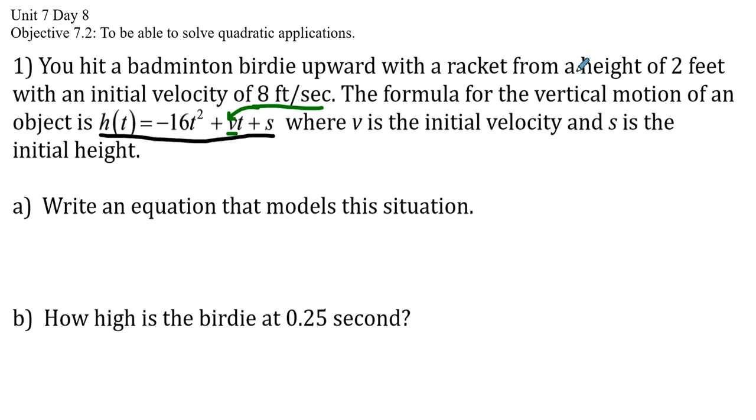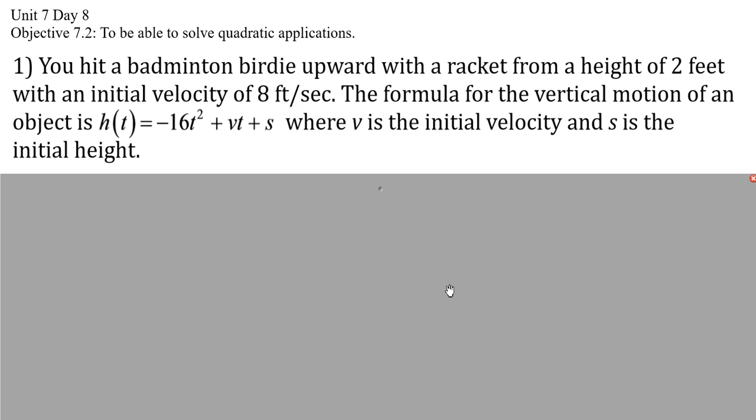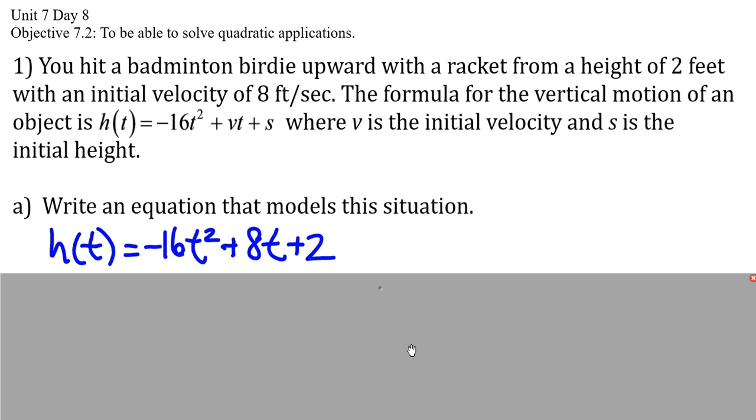They also said that the birdie was hit from a height of 2 feet. That is going to have to get substituted in place of s. So what function can we use to model the situation? That would be h of t equals negative 16t squared plus 8t plus 2.